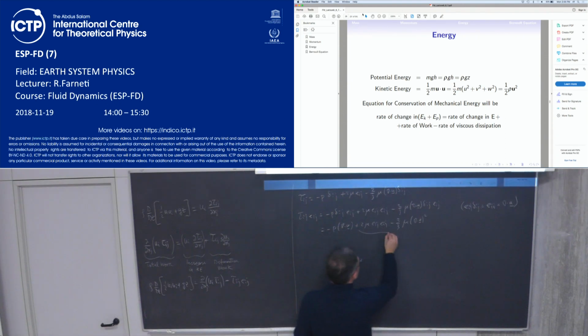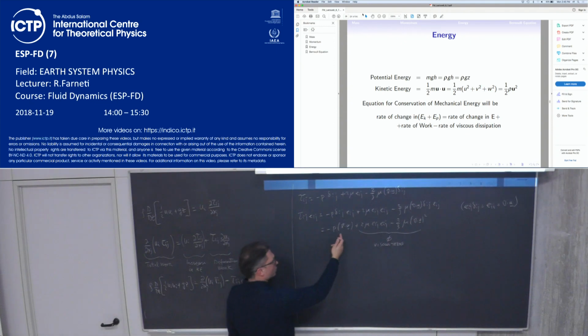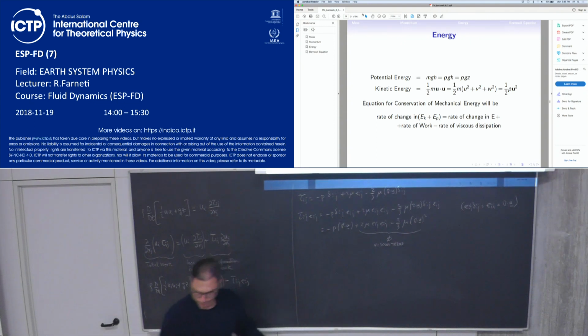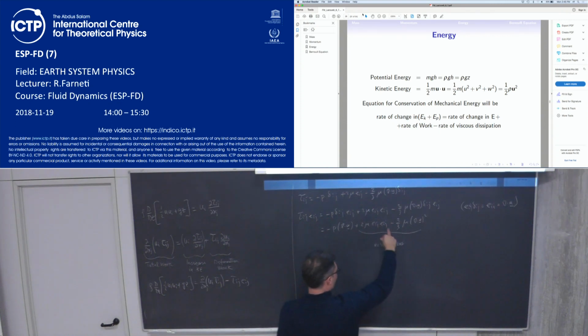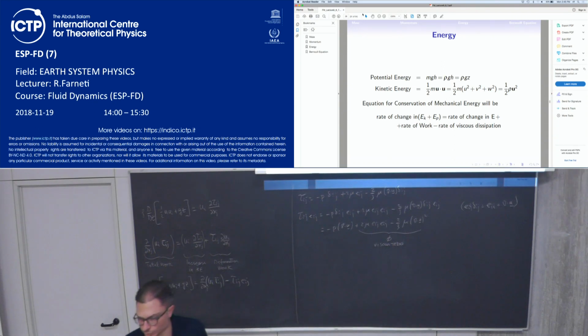And now I can call all this my viscous terms, which are all related to the viscosity coefficient, of course. So I have a term on the deformation work, a term which is proportional to pressure, so that's easy to understand. That's going to be the effect of pressure on the element of fluid. And these two terms, we put them together as viscous terms. They're all proportional to the viscosity.